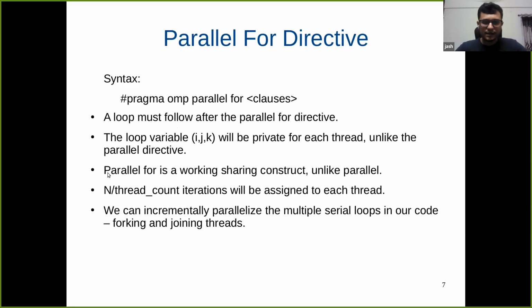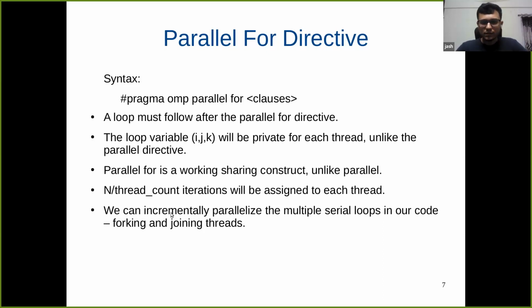And the second thing is parallel for is a work sharing construct, as we understood, unlike parallel, where each thread will execute the structured block of code in parallel in case of #pragma omp parallel. But in case of #pragma omp parallel for, they'll divide the iterations. And n by thread count iterations will be assigned to each thread in general.